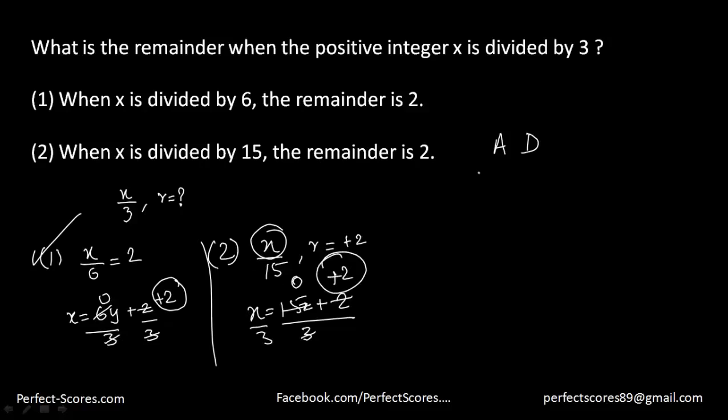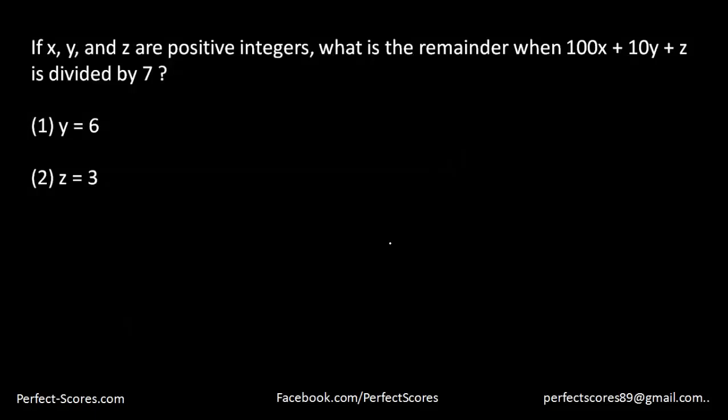Again, a definite answer. That means answer option A is gone and D is my answer. And you can always double check: when D is the answer, both statements should give you the same value. I hope you're understanding this, guys. Let's move forward. That's so easy, right?